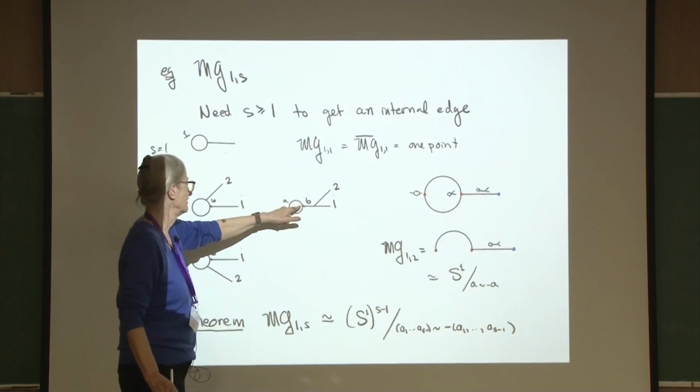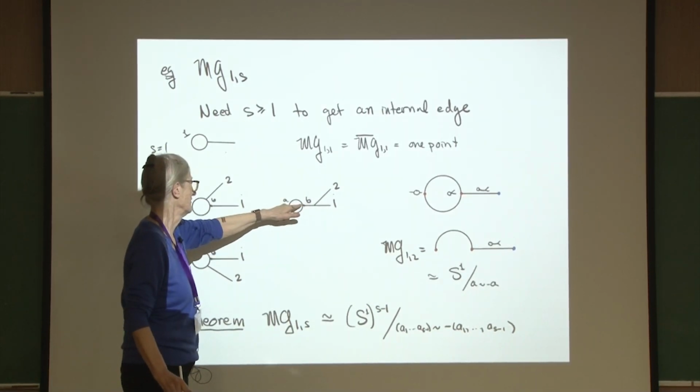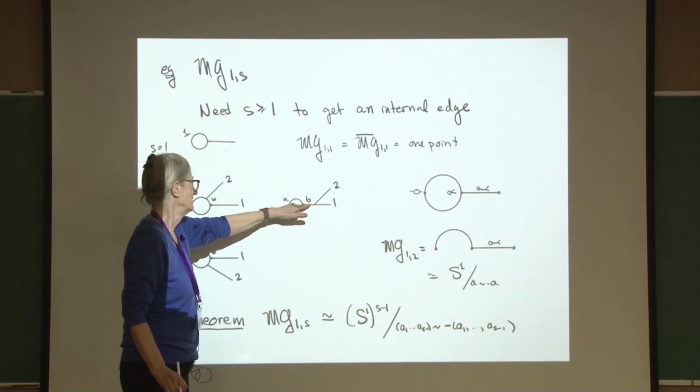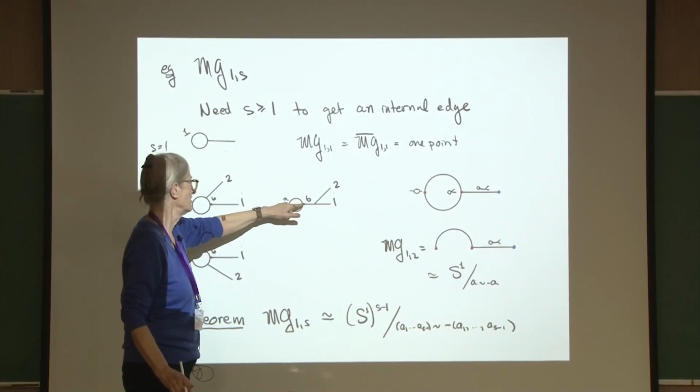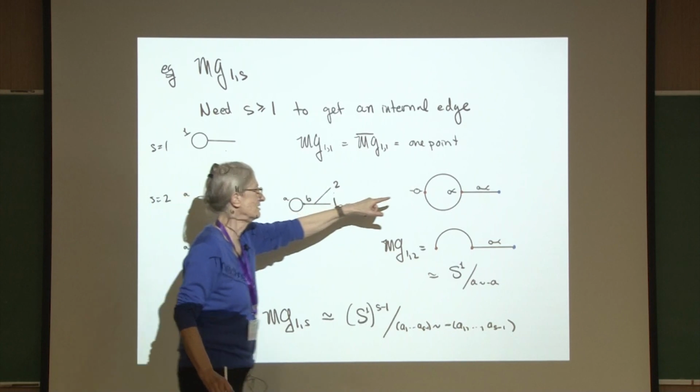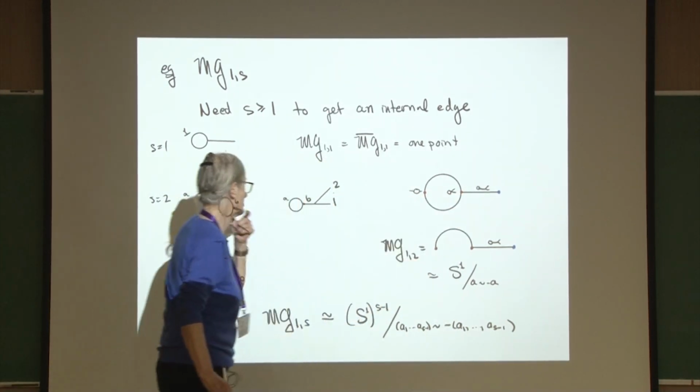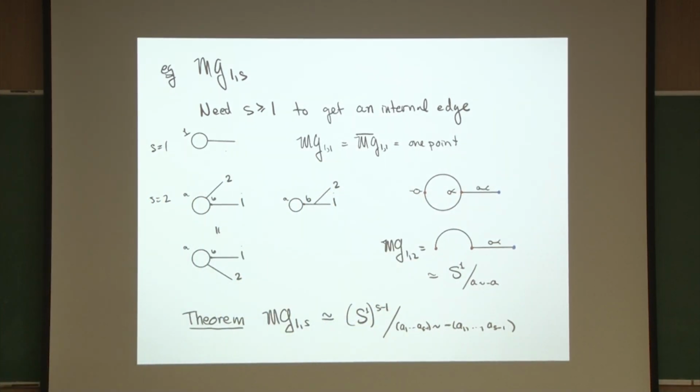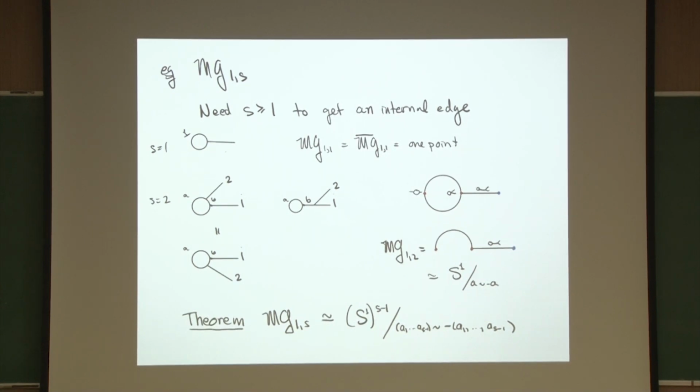On this one, the length of this line could change from 0 to 1, giving you a line of graphs. But just as before, this graph here is isometric to this graph. So in fact, you don't get the whole circle, you only get half of the circle. This half is what I've drawn.